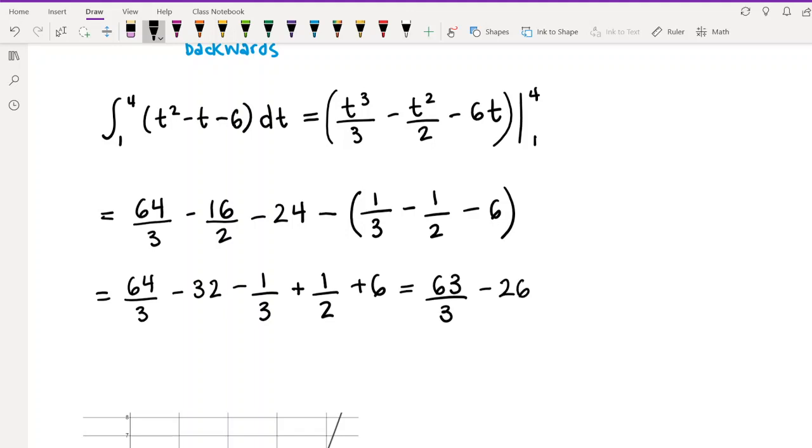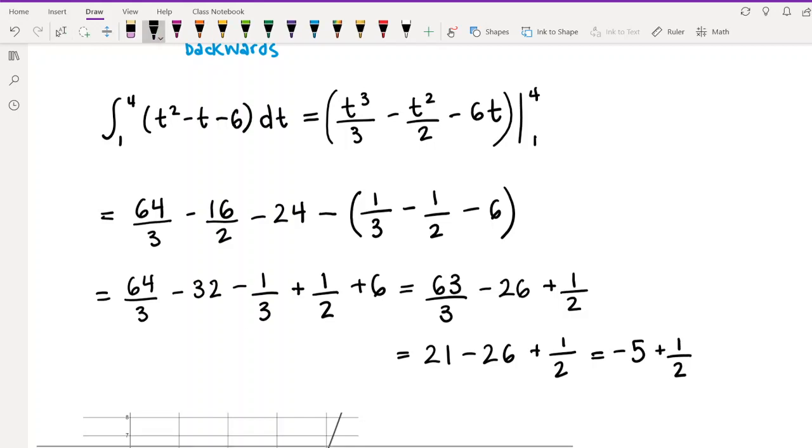And then we have still this plus 1/2. So this is going to be 21 minus 26 plus 1/2. So that's equal to negative 5 plus 1/2, which is equal to negative 4.5, or negative 9 over 2.